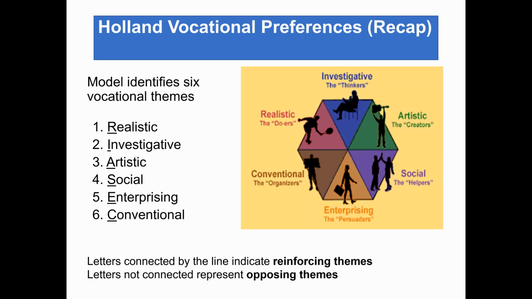So the doer should go into the vocational theme that is much more realistic in nature. Thinkers can adopt the profession that relates to the investigation of things. And definitely creators have more preference to go towards the vocations or careers that are more artistic in nature.